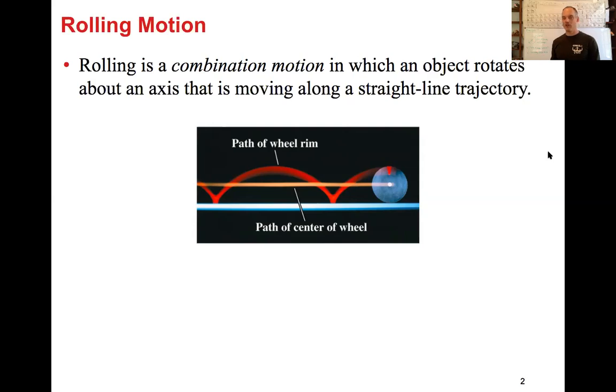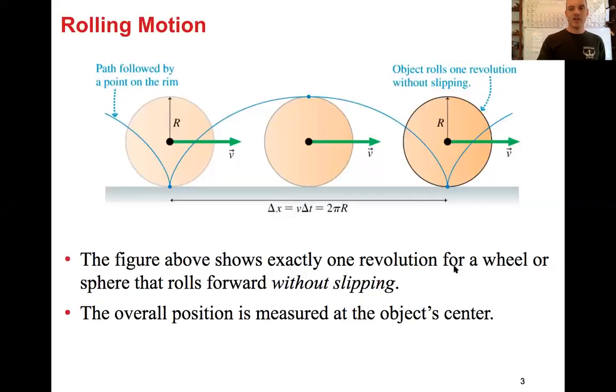But rolling is complicated. It's a simple harmonic motion where that position goes up and down in a cyclic manner, but it is moving in a straight line.